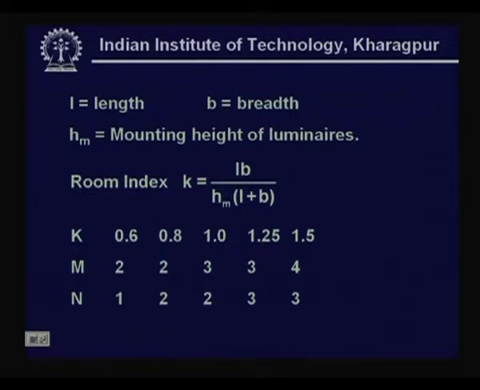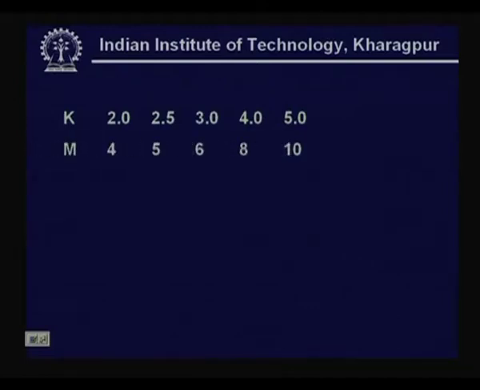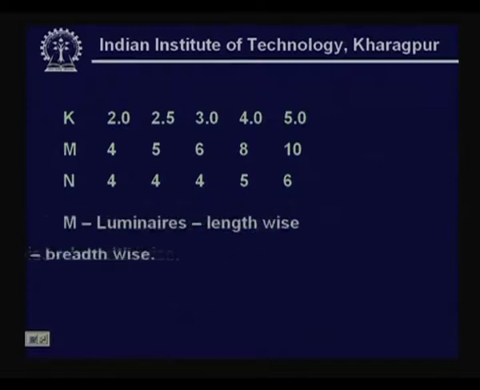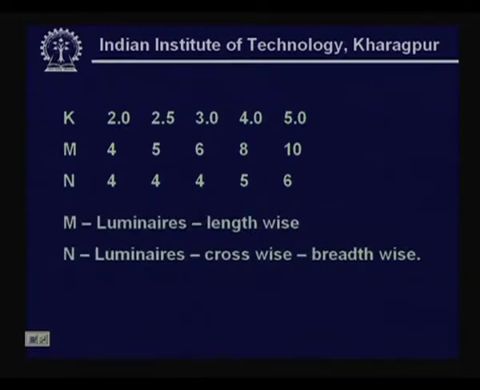For a room index of 0.6, we find 2 lamps are adequate: 2 lengthwise, probably only 1 widthwise, that is, you have 2 by 1, 1 column in 2 rows, you could say. Similarly, as the K goes on increasing, you do find more. So, this K corresponding to 5 would pertain to a very large hall, maybe a drawing hall, where you have 10 luminaires.